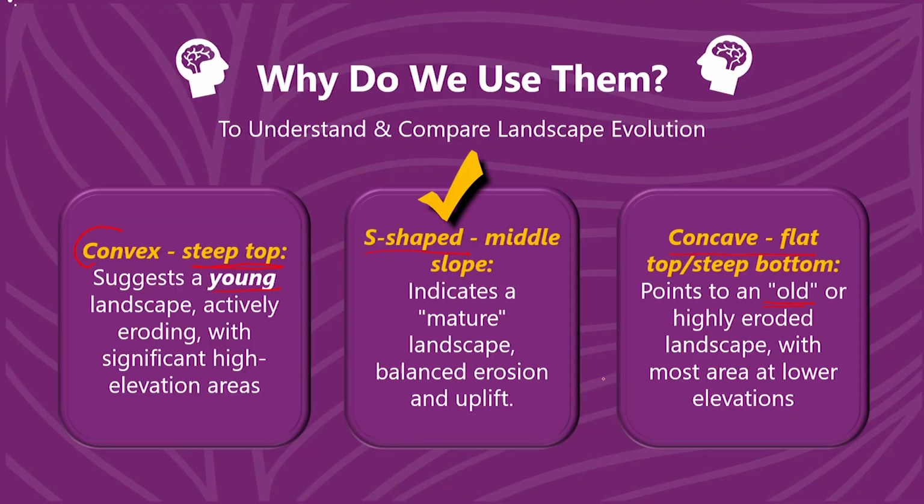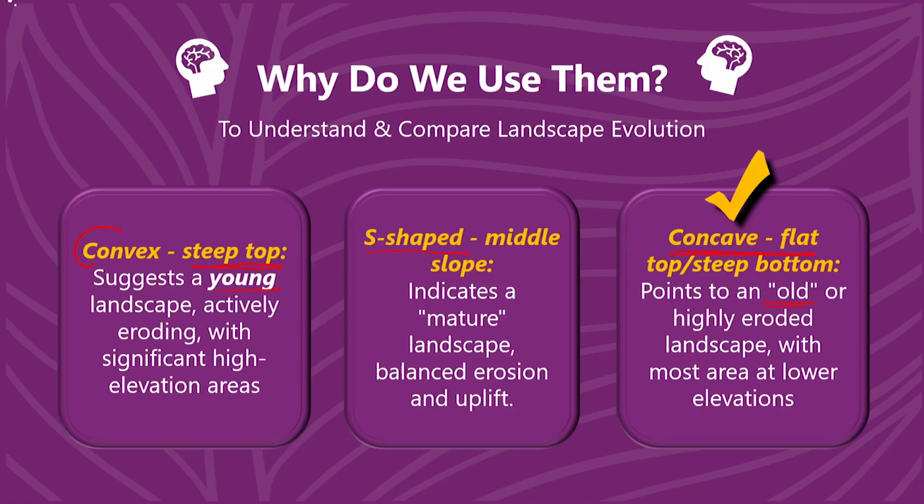It means that erosion and uplift are both balanced in these areas. And finally, we have the concave. In this case, the top is flat and the bottom is extremely steep, indicating that this is an old landscape and the majority of the area lies under lower elevation.